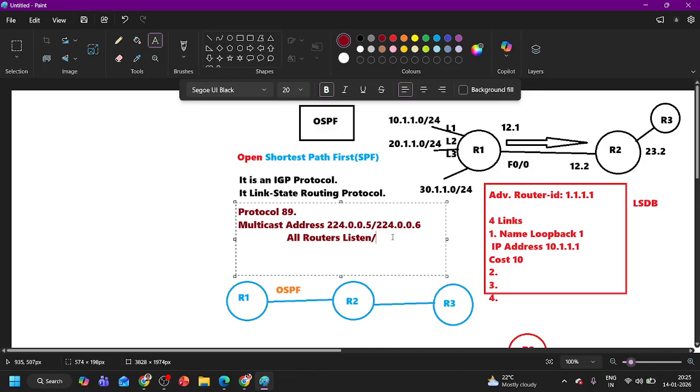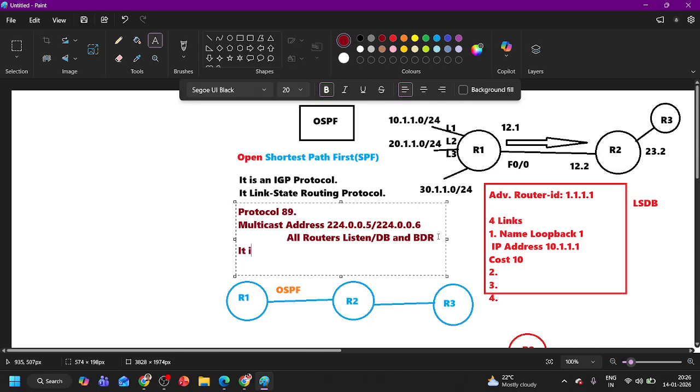And the special routers DR and BDR only listen on .6. DR and BDR are two special types of router. These routers listen on the 224.0.0.6 address. So in OSPF we use two multicast addresses.